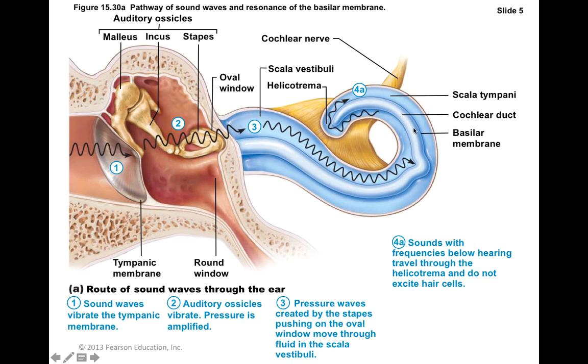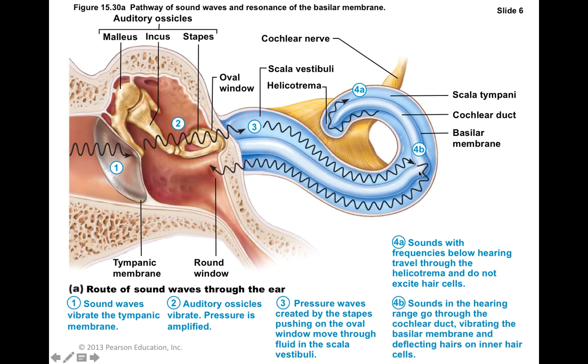The hair cells are in the cochlear duct, which means that is something that we can't hear. So we are incapable of hearing something that is that low pitched. But most that we can hear are going to cross at a certain point. They're going to activate the hair cells as they cross the cochlear duct, and then they're going to travel in the opposite direction. This wave is going to come out through the round window, which will bulge way out into the tympanic cavity and allow the energy to dissipate.